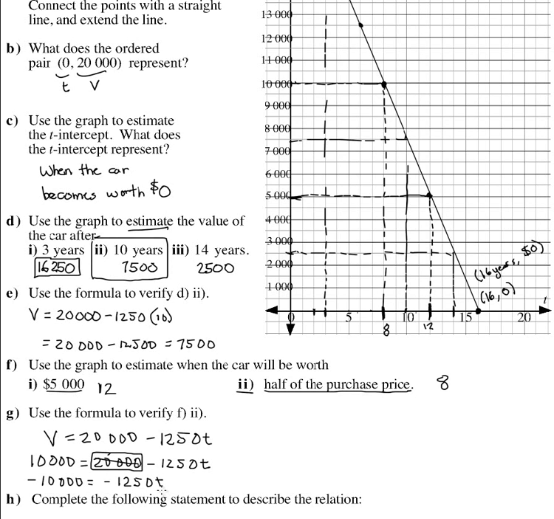And finally, if you want t by itself, it's multiplied by minus 1,250. To get rid of that, you divide by minus 1,250. Sorry, I'm hurting for space here. And we divide by minus 1,250 on the other side as well. And what comes out of that? T equals 8. So again, what the graph told us agrees beautifully with what the equation is telling us.